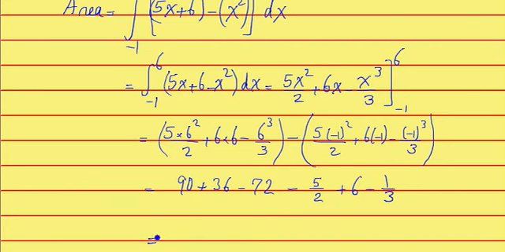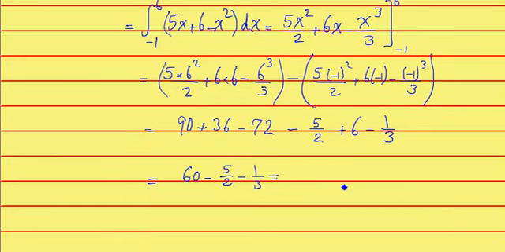Perhaps a good way to handle these kinds of problems is to total the whole parts first, and then see what you want to do with the fractional parts. So here I have 126 minus, that's going to be 54 plus 6, that is 60, minus 5 halves minus 1/3, I believe. Let's see if that's correct.